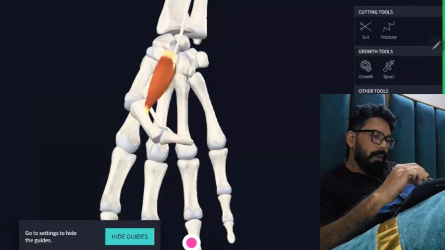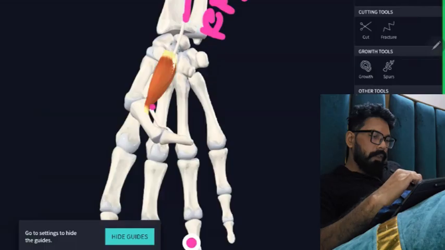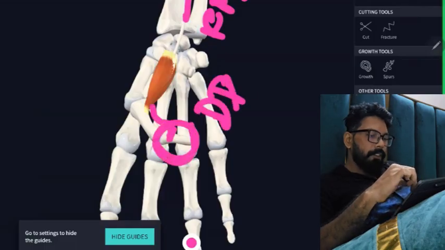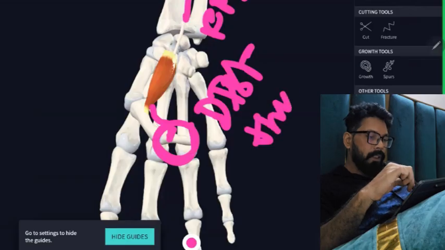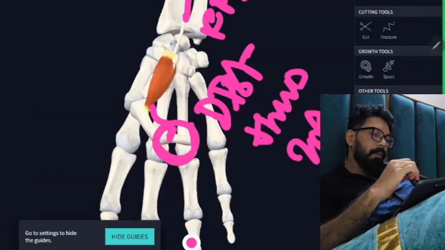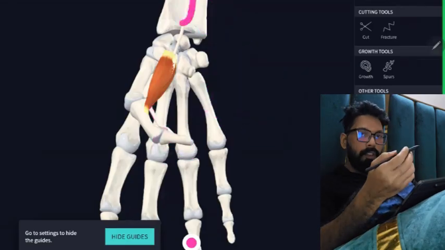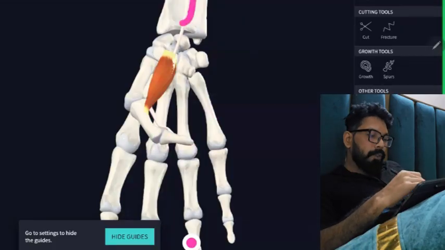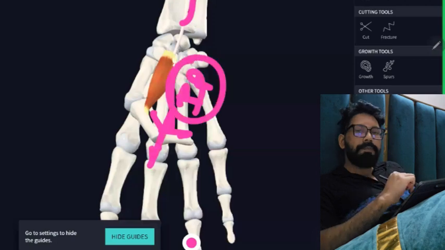Now we have another muscle, flexor pollicis longus, which is inserted here at the base of the distal phalanx of the thumb, or second phalanx of the thumb. So this one is flexor 2. What will it do? It will flex the thumb at the IP joint.